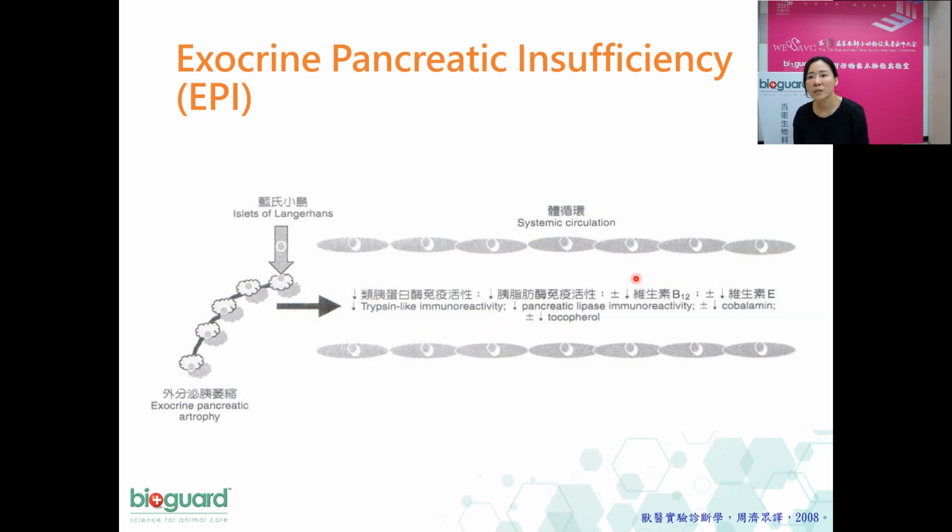And because of the lack of digestive enzymes, the animal will also face a decrease of vitamin B12 and vitamin E in serum, and this is not good for the animal's health.